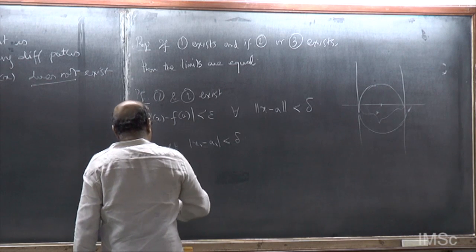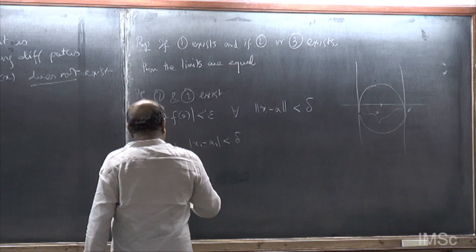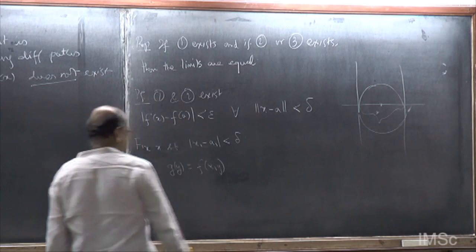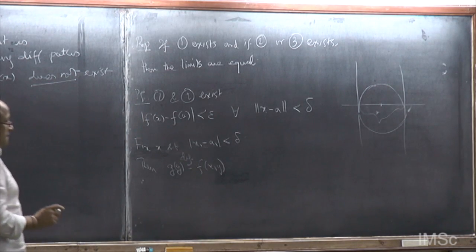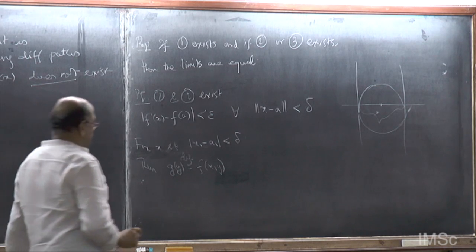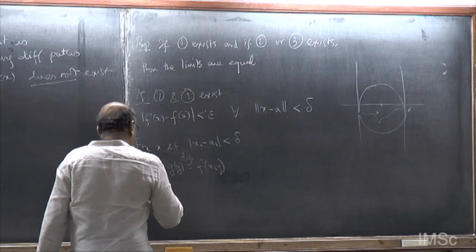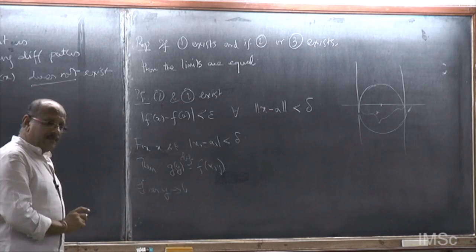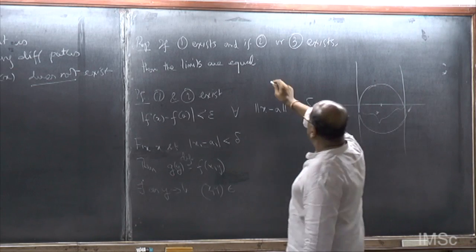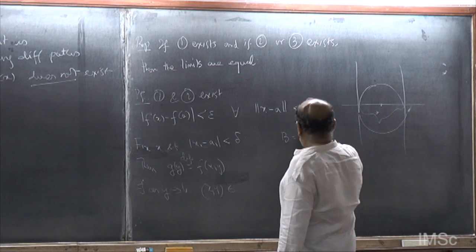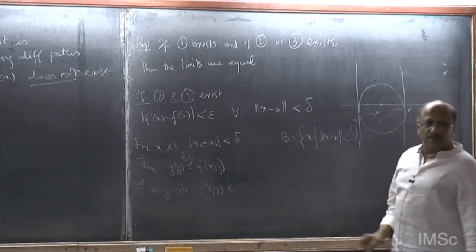Then you define g of y equals f of x y. Then as y tends to b, x y will belong to this ball.